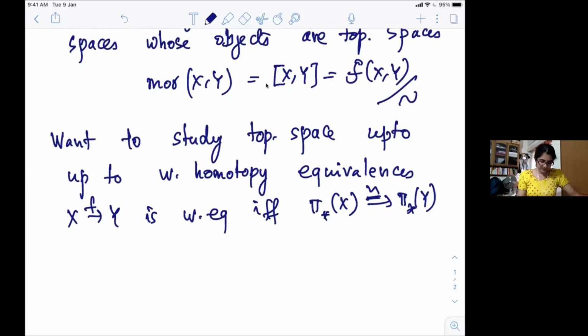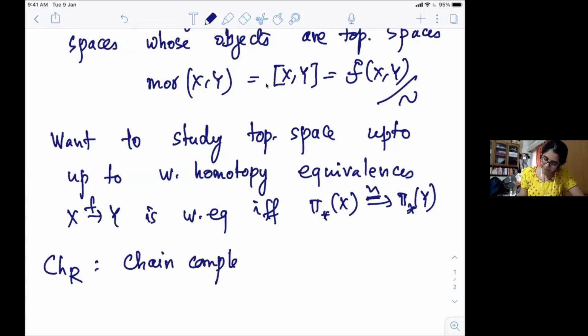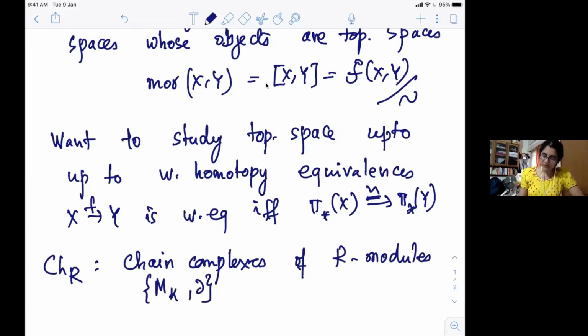Another example we can study, which has a similar situation, so this was one situation where I might care for something different. The other situation that Shrikant talked about yesterday was when you talk about chain complexes. So these are chain complexes of R modules. And remember, any such chain complex comes with differentials along with them.